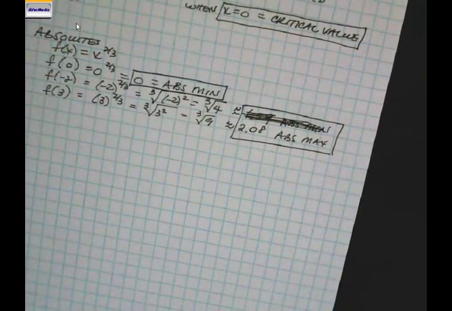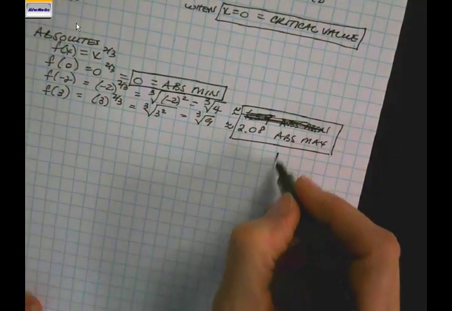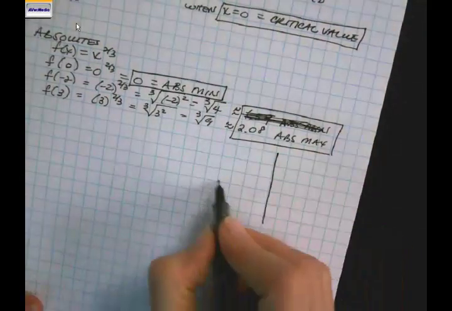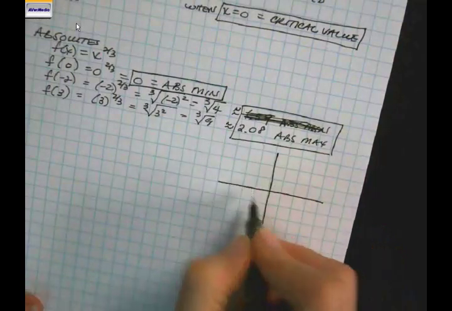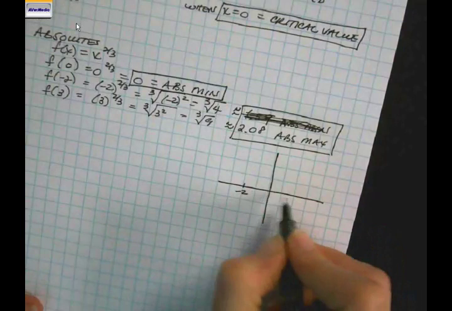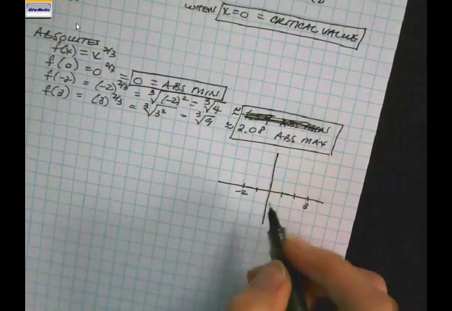So I wonder what in the world this graph looks like. We have some lovely information here, but I have no vision of this thing. Here's what it looks like. It has a cusp. Okay, so over here at -2 and over here at 3.